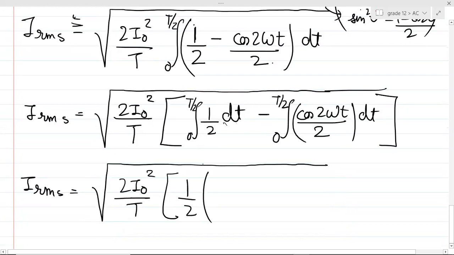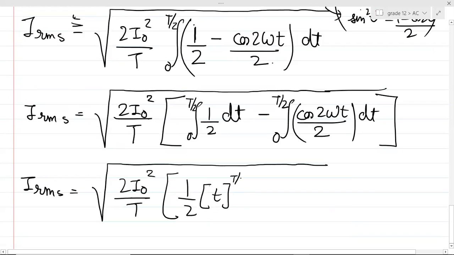And then you'll put the limit t by 2 minus 0. Yes, sir. I can still do it like this.